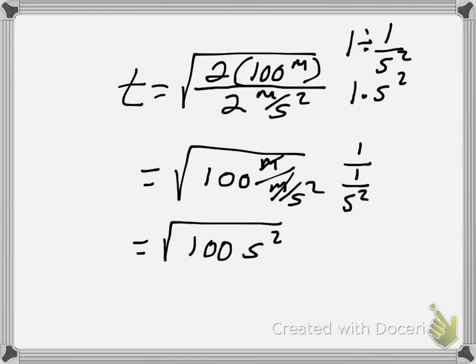When I take the square root of 100, I'm going to get 10, and when I take the square root of seconds squared, I'm just going to get seconds. So to cover a distance of 100 meters, starting from rest and accelerating at a rate of 2 meters per second squared, it will take 10 seconds, a distance just a little bit longer than a football field.